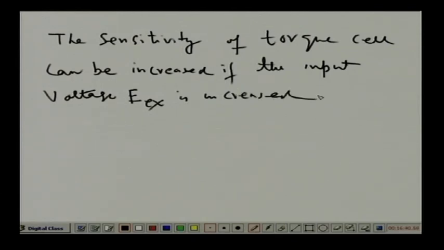That we have seen, is it not? We have seen that if we increase the excitation voltage, our sensitivity also increases, because in the sensitivity expression it is in the numerator, is it not?